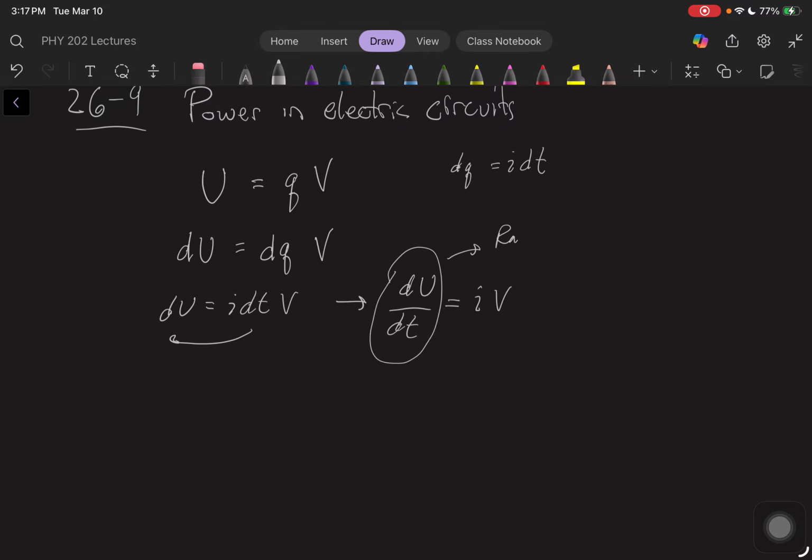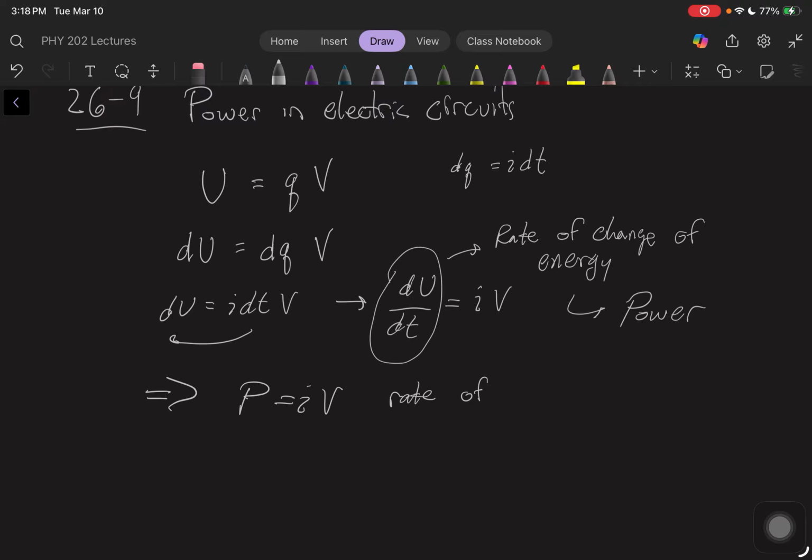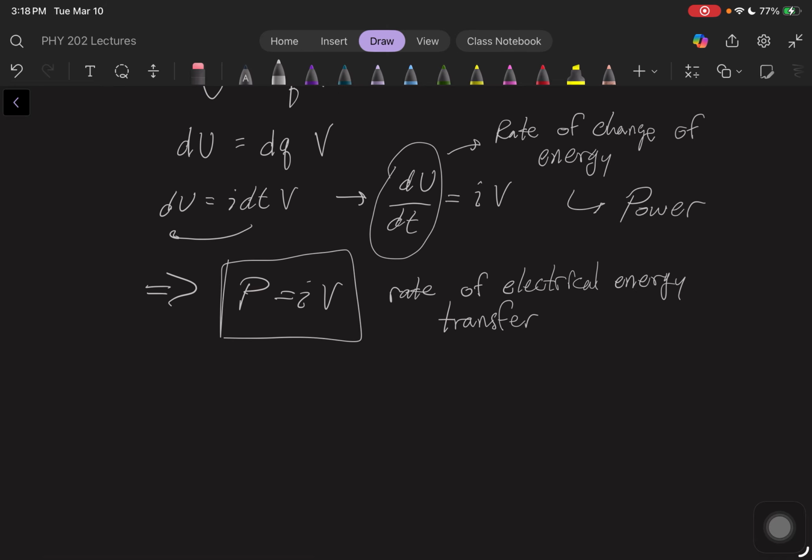is the rate of change of energy, which we can call power. And so from this we get P is equal to IV. And so this is the rate of electrical energy transfer. And let's check the units real quick.